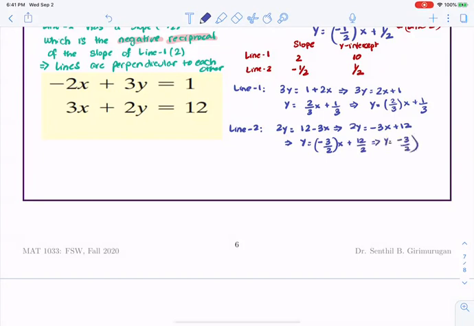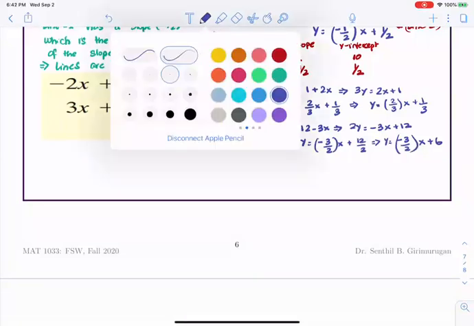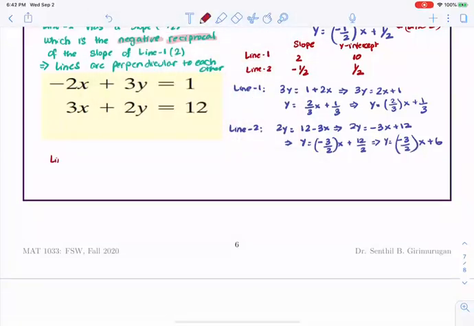Negative 3 over 2x, 12 divided by 2 is 6. So the slope of line 1 is 2/3. The y-intercept of line 1 is 1/3. The slope of line 2 is negative 3 over 2. The y-intercept of line 2 is 6.